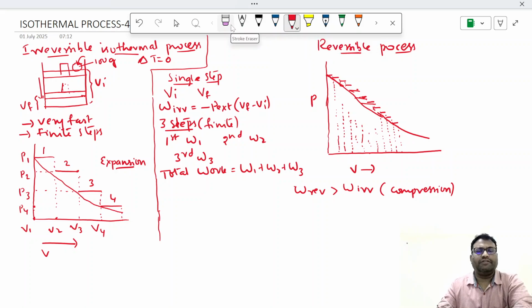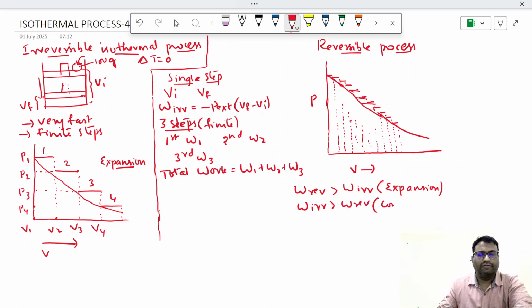Work done reversible will be greater than work done irreversible for expansion. Work done irreversible will be greater than work done reversible for compression. Right? So let us see that.